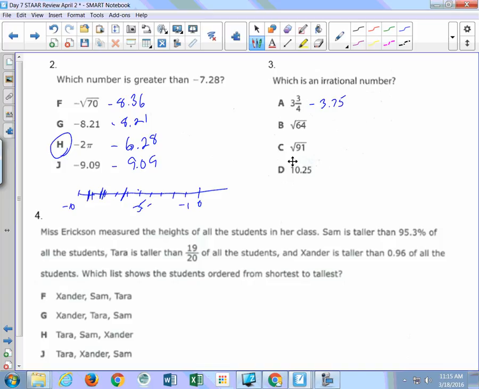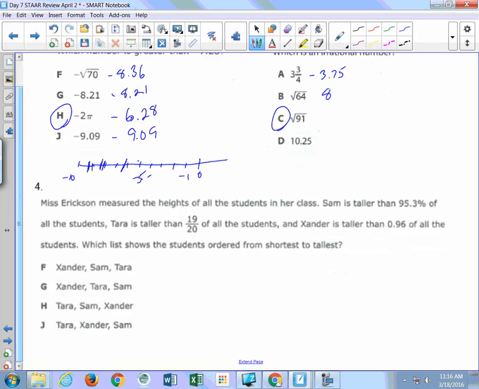So it does terminate, so that is rational. The square root of 64 is 8. 10.25 terminates. So the square root of 91, if you do that in your calculator, you get 9.53939214, and I'm sure it continues on even further than that. So C is our answer.